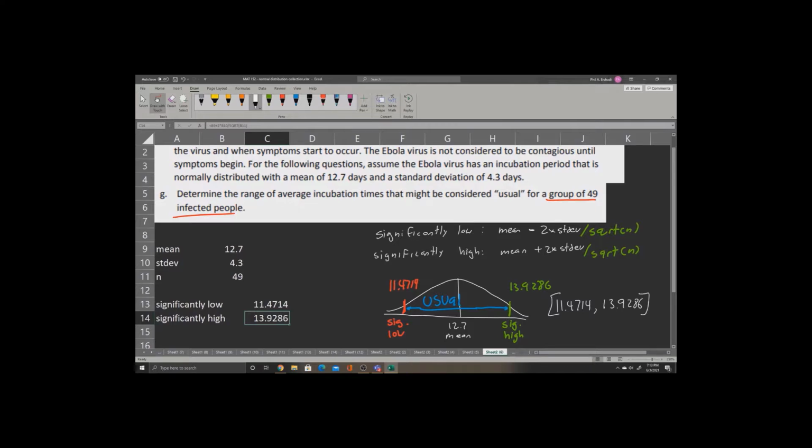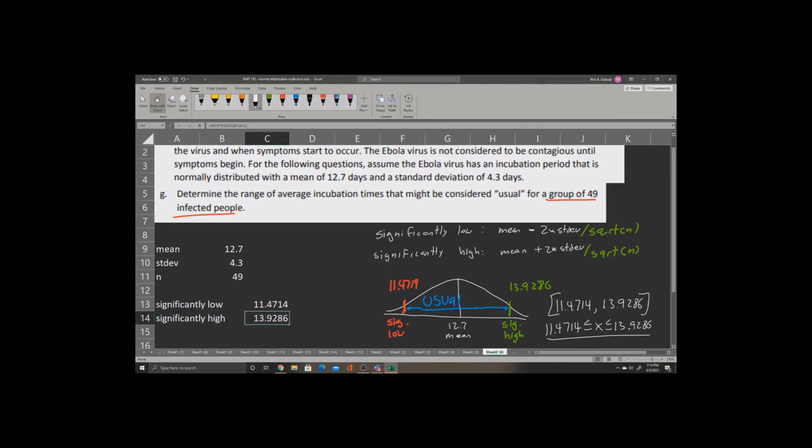You may also see this range written this way. Some people write this with the low number, they write a less than or equal to sign and then an X and then another less than or equal to sign and then 13.9286. This means the same thing as what we just wrote. It's just written in algebraic form.